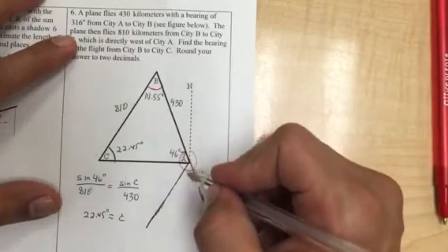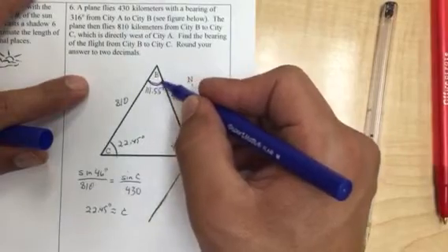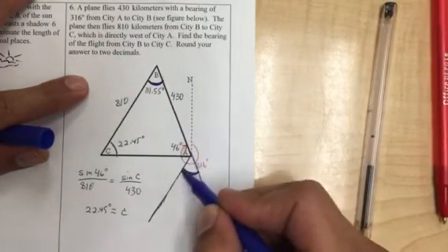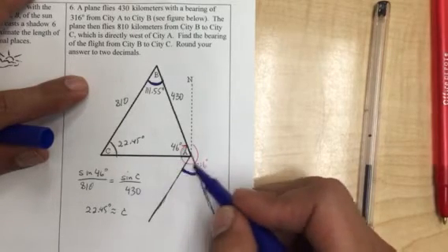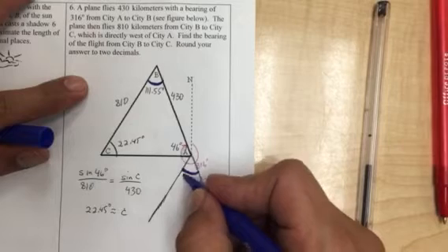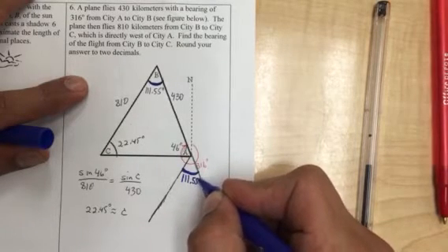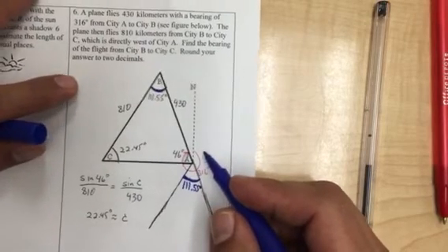Now notice that this angle right here, angle B, is now the same one over here. All I did was construct the appropriate sides of the triangle down here to make it the same angle. So now this is 111.55, and now I'm going to find my bearing. This is going to make it a little easier.